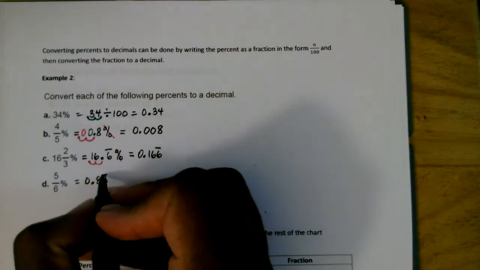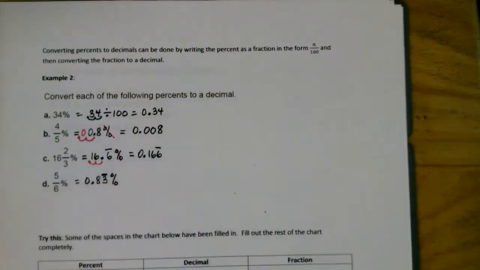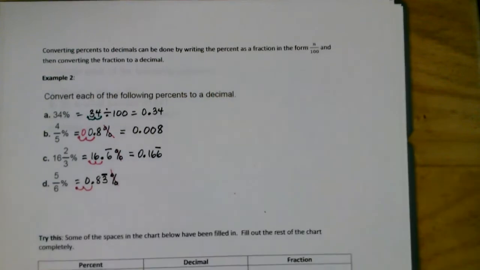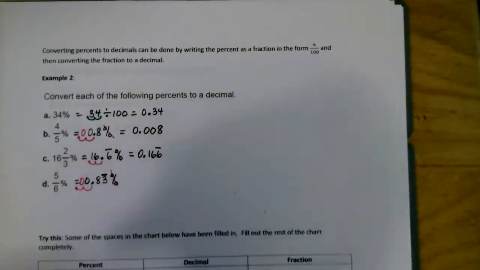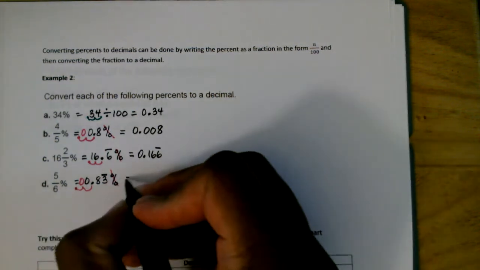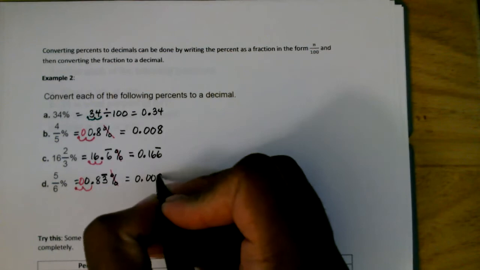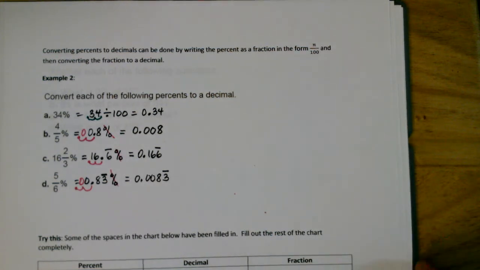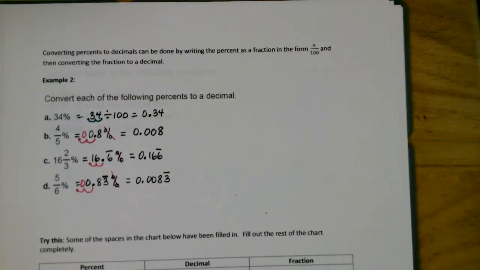And of course, it repeats. I'll put a bar on top, only the 3 repeats, and then the percent sign. And then next, we change this to a decimal by dropping the percent sign and moving it 2 places to the left. So I know I need a 0 in front. So 5/6% as a decimal will be 0.0083 with that bar on top to indicate that the 3 repeats. Okay. So that's how we convert from percents to decimals.